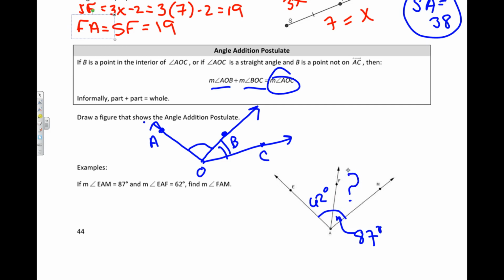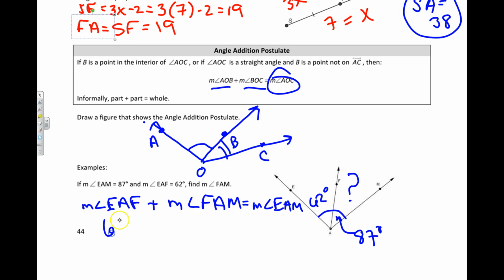Well, let's set this up. My part plus part equals whole. My part, I've got the measure of angle EAF plus the other part, the measure of angle FAM, equals the whole, the measure of angle EAM. And we're going to plug things in.